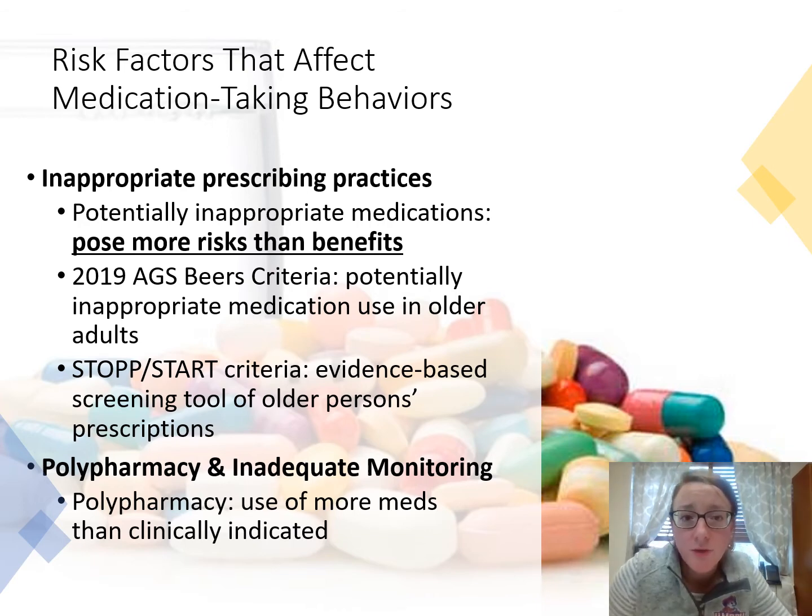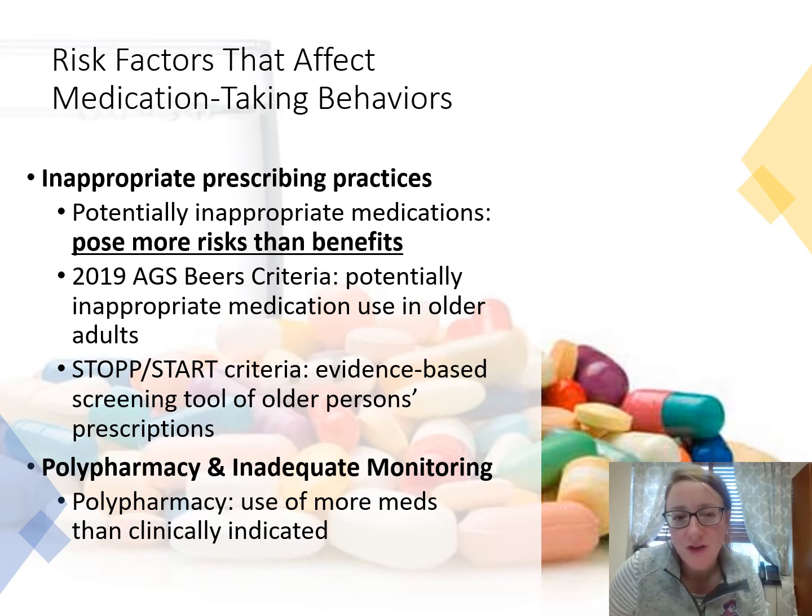Part of the reason that we've had to come up with tools like the stop-start criteria and the Beers criteria is because of the practice of polypharmacy. 10 or 15 years ago, we used to say polypharmacy is having a prescription drug count of 5 or more. But unfortunately, people are living longer, chronic diseases are being managed better, and cancer survivors are staying in remission longer.